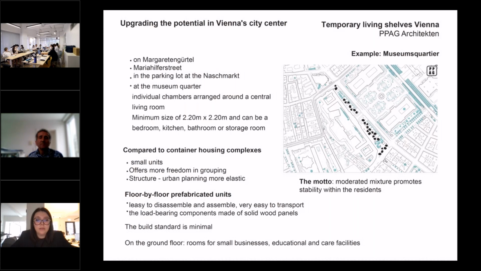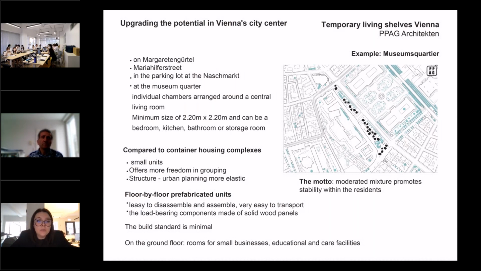They wanted to build a minimum module of 3.2 rooms that can also be a bedroom, kitchen, bathroom, or storage room. They also have individual chambers arranged around the central living room.